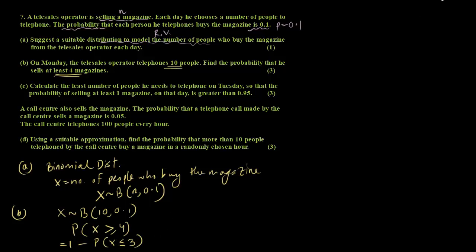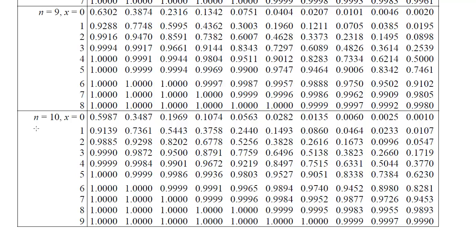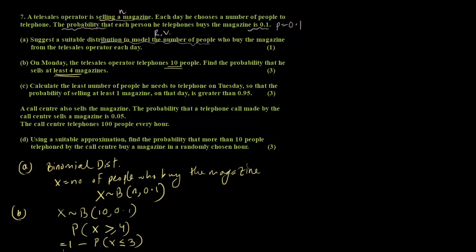Let's look up the table. We're looking for the block where n equals 10 and 0.1 as the probability of success. So this is the column and this is the block we're looking for, and we're looking for less than or equal to 3. It would be 0.9872.